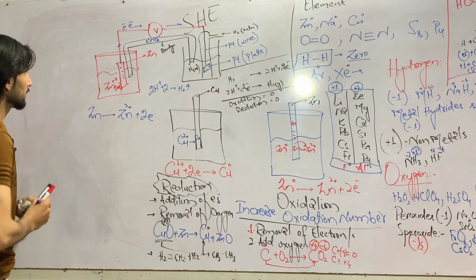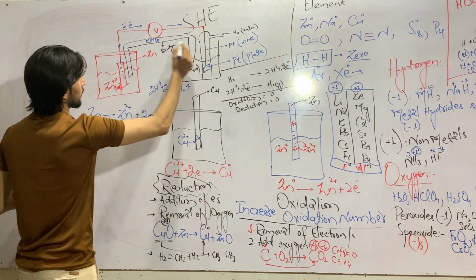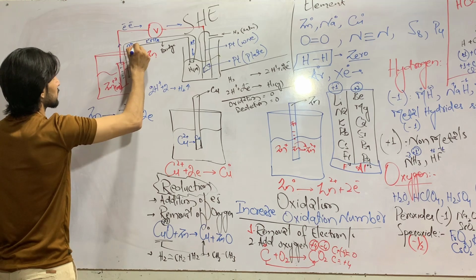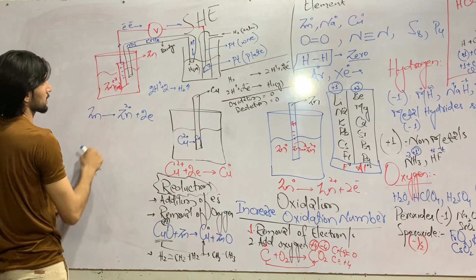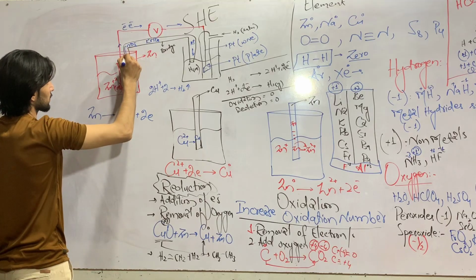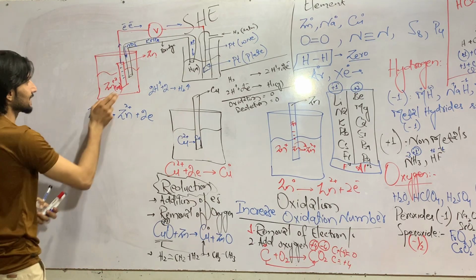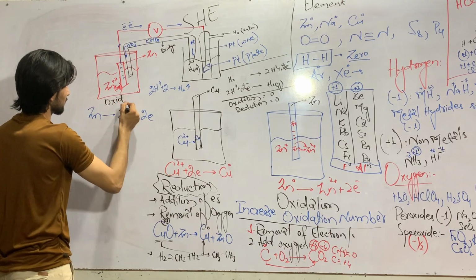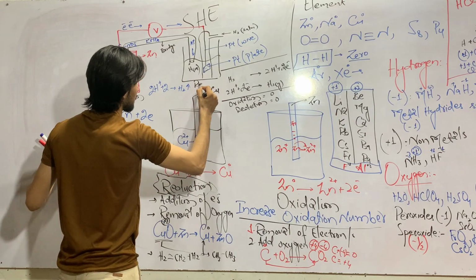Here I will see the reduction in H+ ions. So K+ from over here will move to this solution, and NO3- will move to the other side, as I will see the increase in positive charge over here, so the negative ion will balance it. Here I see the oxidation half cell. Here I will see reduction.